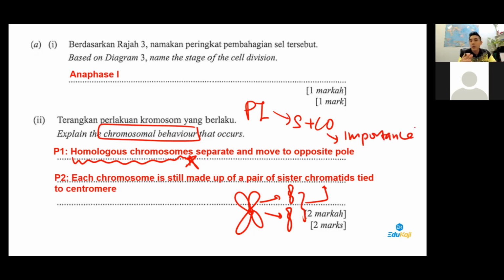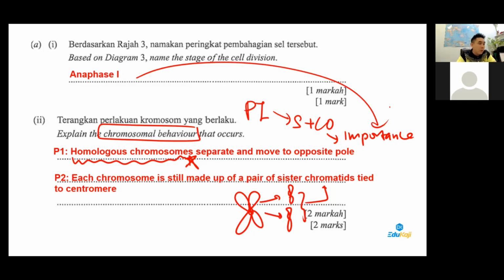Okay, I'm sure your teacher would have told you also that anaphase. I always tell my students, when you see anaphase here, you can foresee, you can expect them to ask you about importance as well.